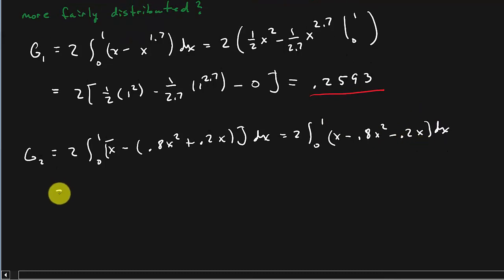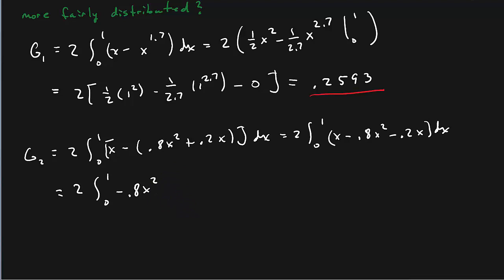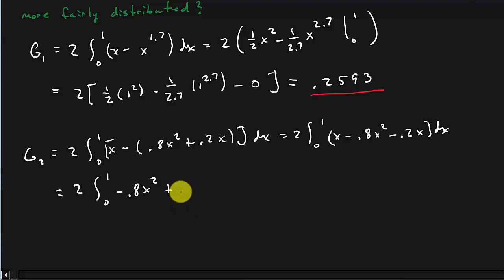And so this is going to give me 2 times the integral from 0 to 1 of negative 0.8x squared, minus, is it minus? No, it's plus 0.8x dx.